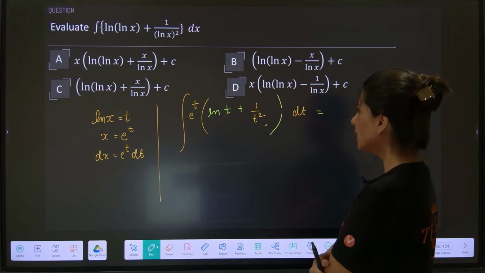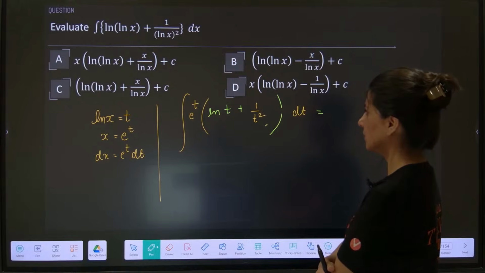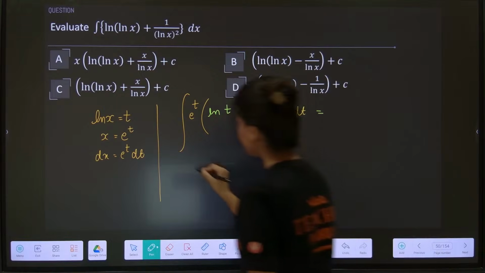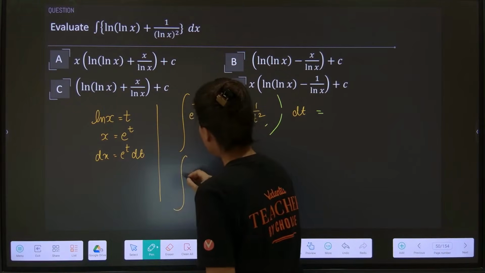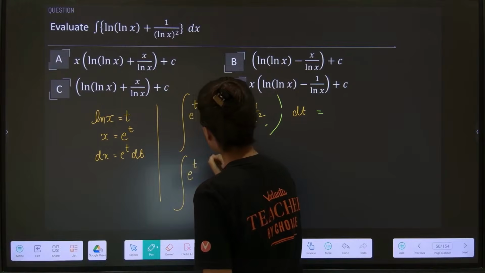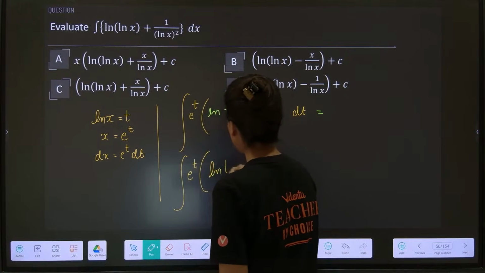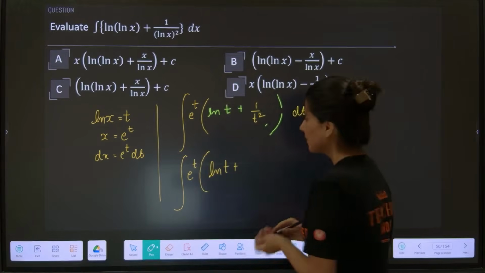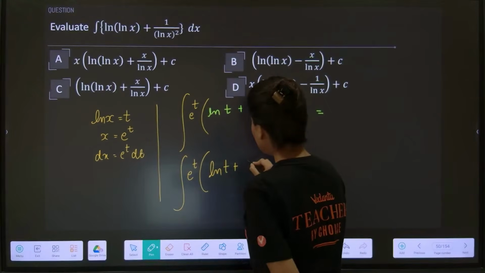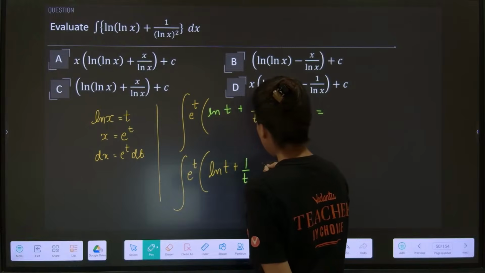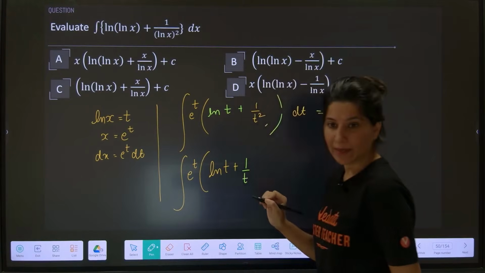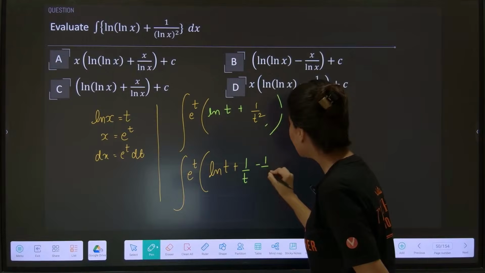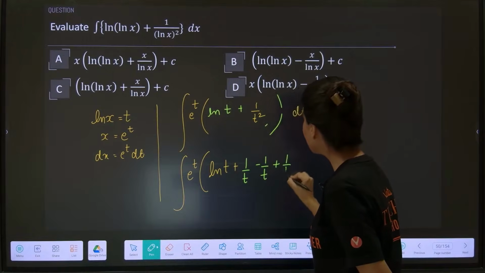Now I think I need to add something. Okay. Yes. So e power t, ln t plus, let's add the derivative of it. ln t, if I differentiate, it will become 1 by t. I have added 1 by t and I will subtract 1 by t plus 1 by t square.